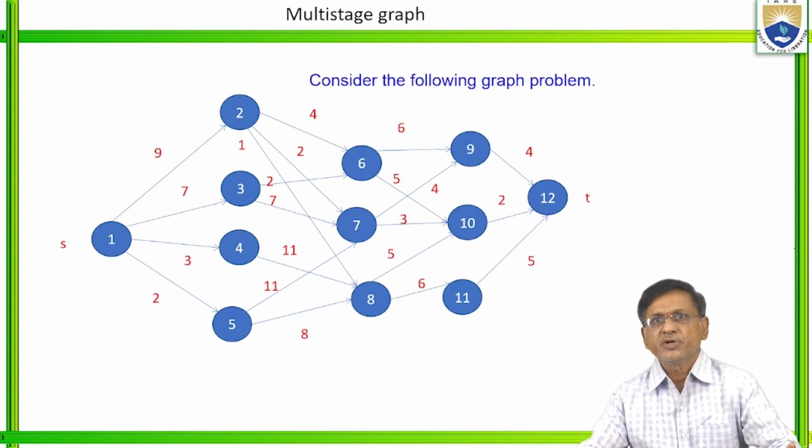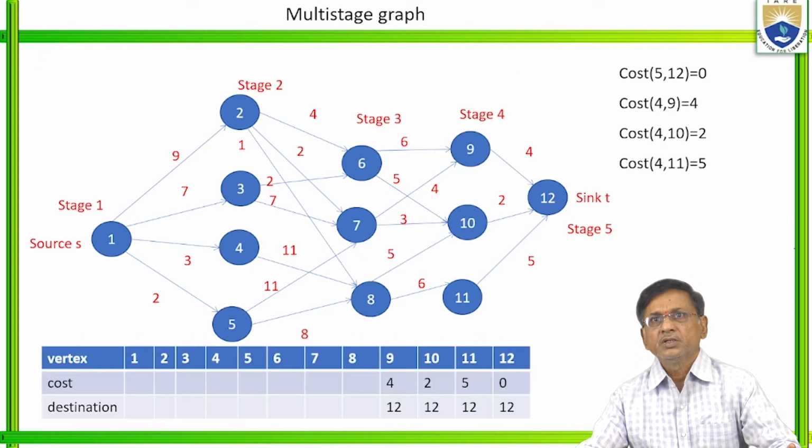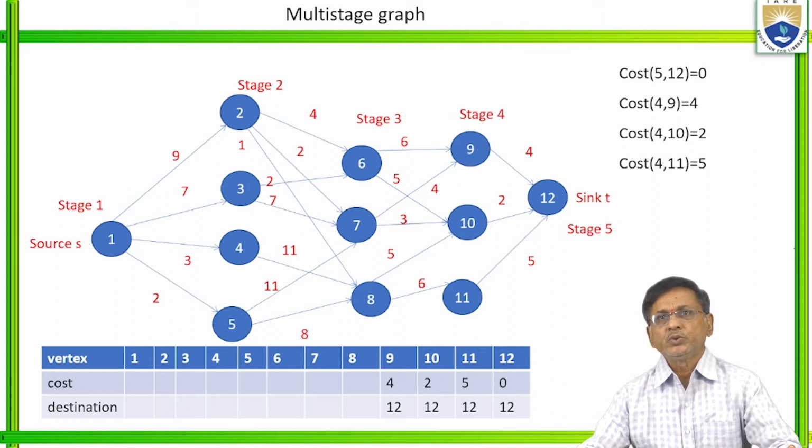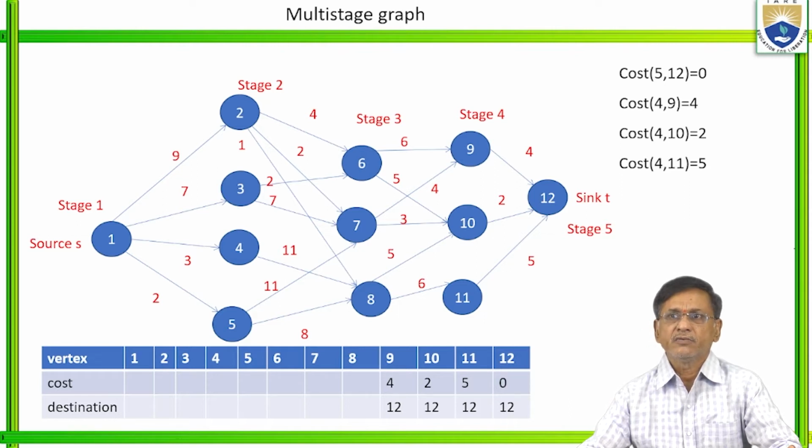One corresponding to source S, and stage 1, stage 2: 2, 3, 4, 5, stage 3: 6, 7, 8, stage 4: 9, 10, 11, and the last vertex is 12, that is corresponding to the sink T.